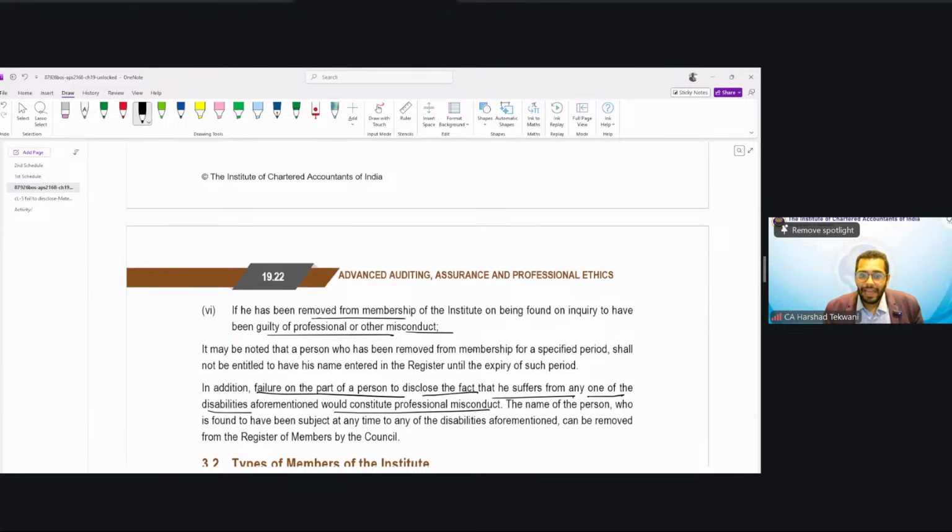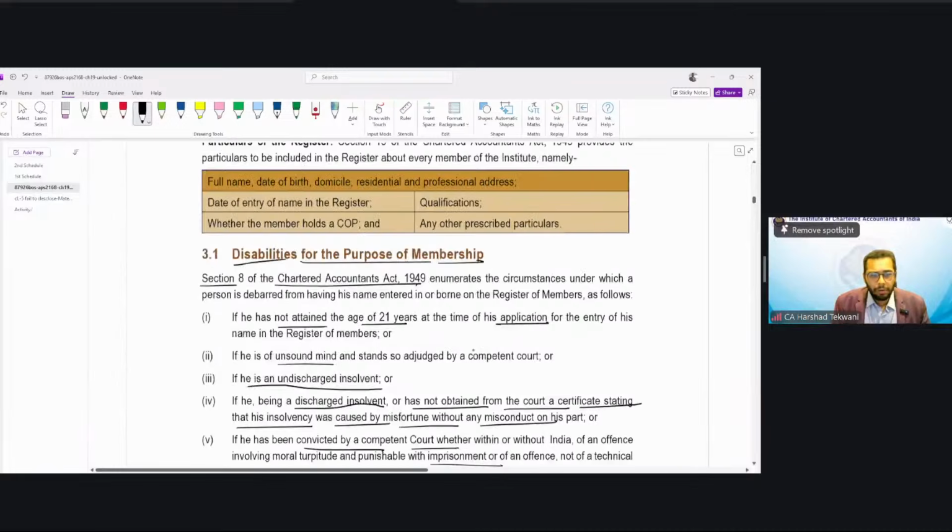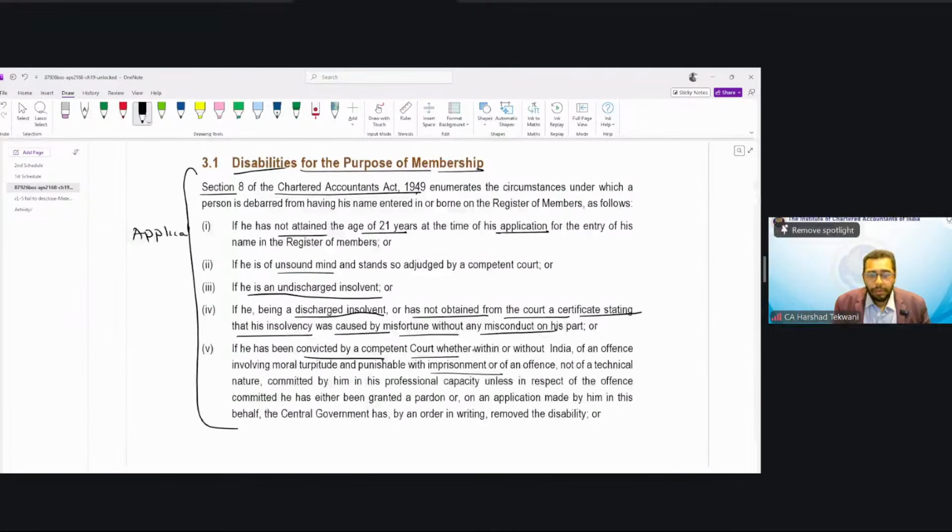That means if any of this is applicable to a member, because we are not talking about members in practice, this is only the register of members, it is all members. As of now, do not mix certificate of practice or member in practice in between. We are talking about all members, in practice or otherwise.